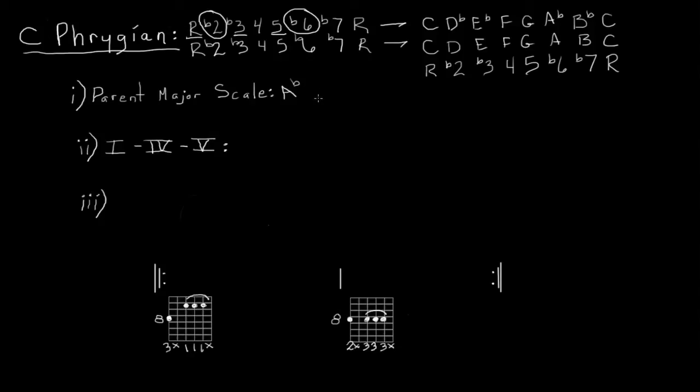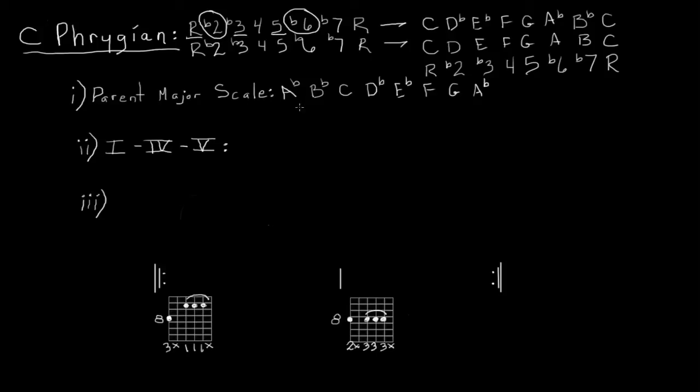In A flat major, we've got the notes A flat, B flat, C, D flat, E flat, F, G, and A flat.